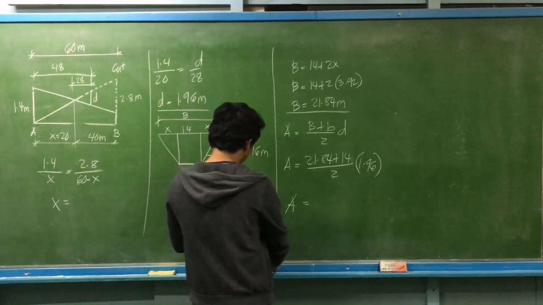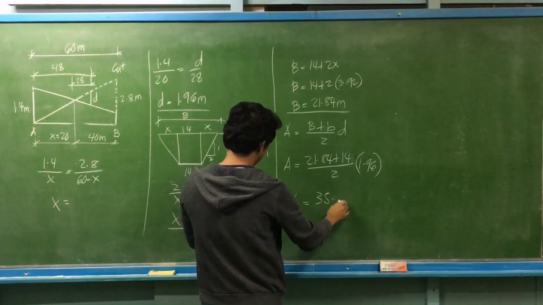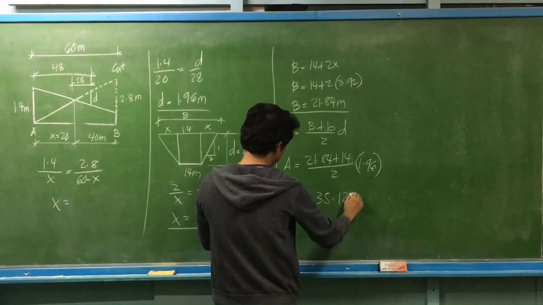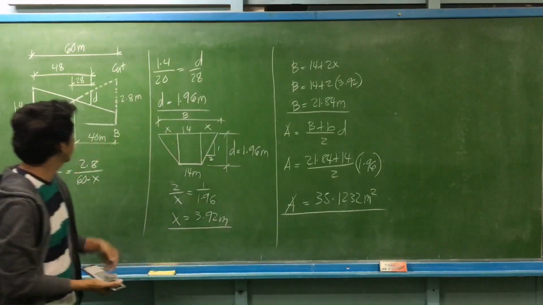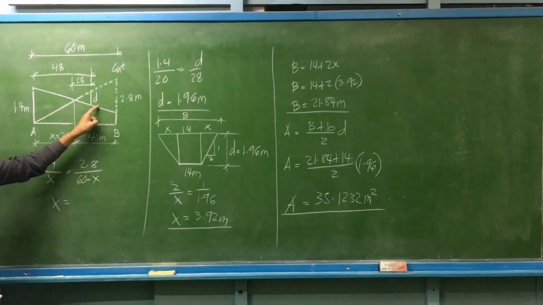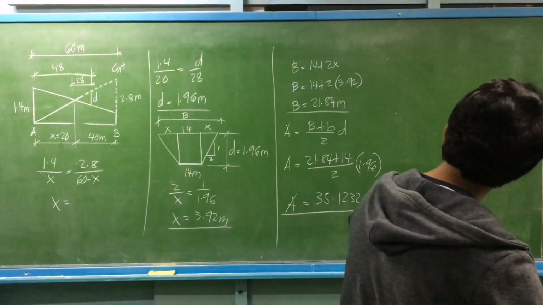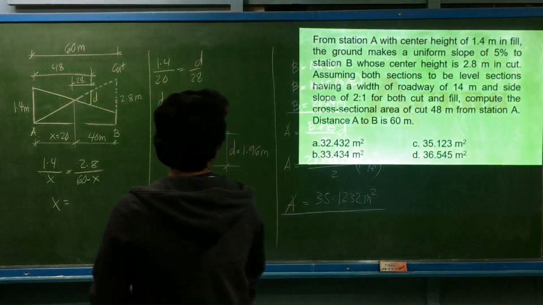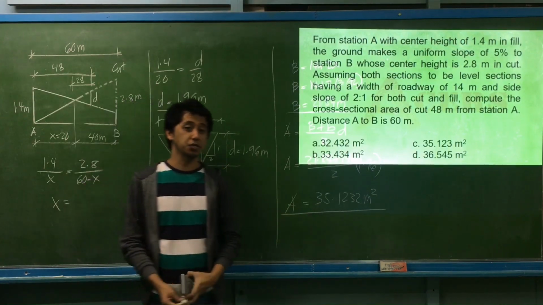The area is equal to 35.1232 square meters. That is the cross-sectional area of the trapezoidal section in the cut. And let us check the choices if that is there. Okay, 35.123. So the answer here is letter C.